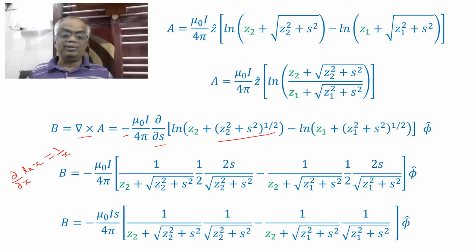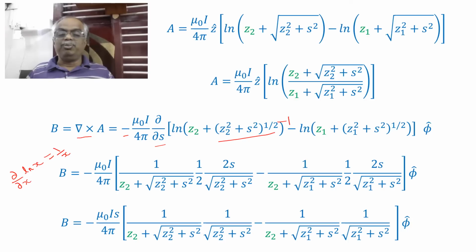So again, we have to differentiate with respect to s, because here you have a term s squared. If you differentiate this, then you will get 1 over 2 of z2 squared plus s squared to the power half minus 1, because you have to subtract 1.